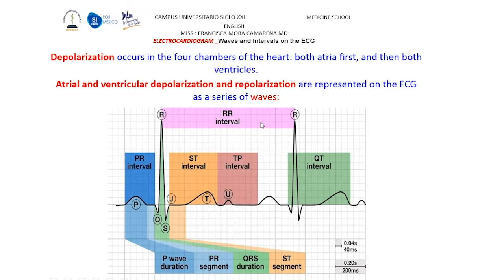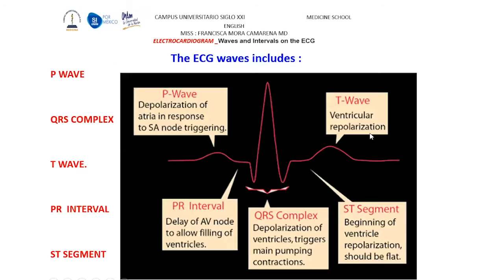Remember, we have several waves that show the different phases of the heart function. We have the P wave, which represents the depolarization of the atria, responding to the sinoatrial node triggering.